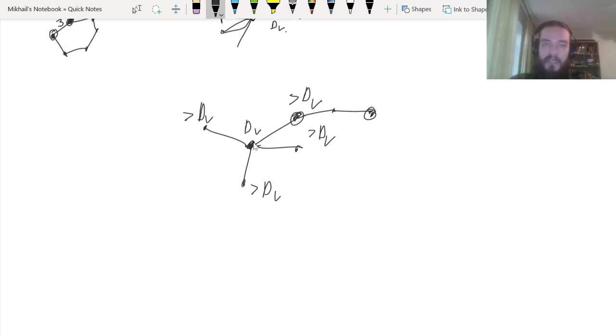The other case is if one of the neighbors is smaller or equal to dv. Okay. So now let's think about the length of the edges. Let's initially put all lengths to be infinities. All right. So let's look at this neighbor.